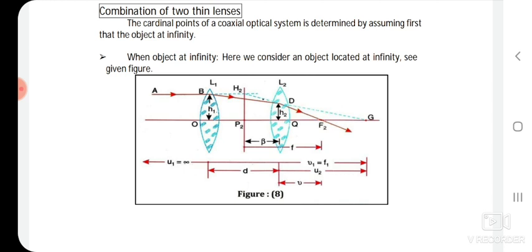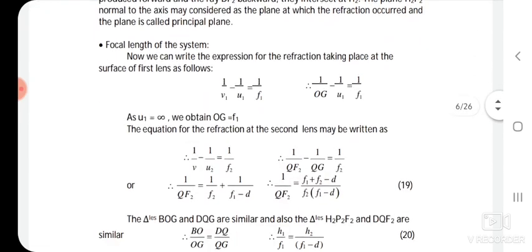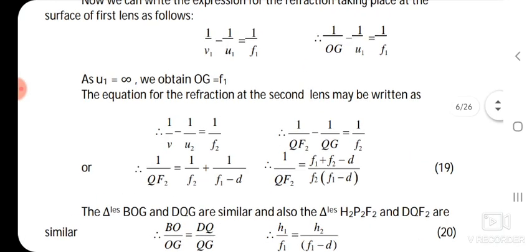Now we can write the expression for refraction taking place at the surface of the first lens: 1 by V1 minus 1 by U1 is equal to 1 by F1.